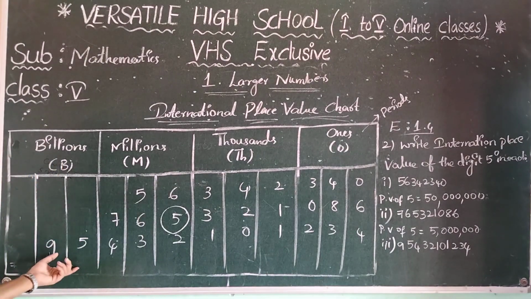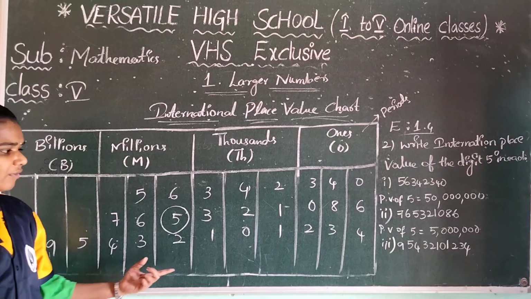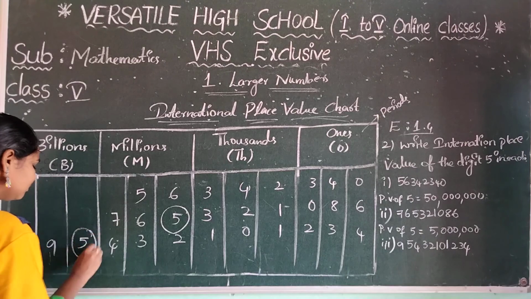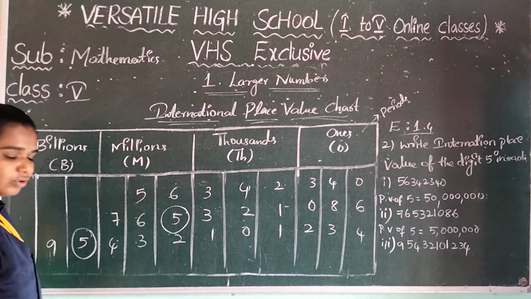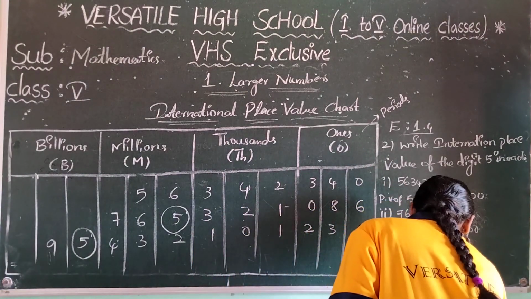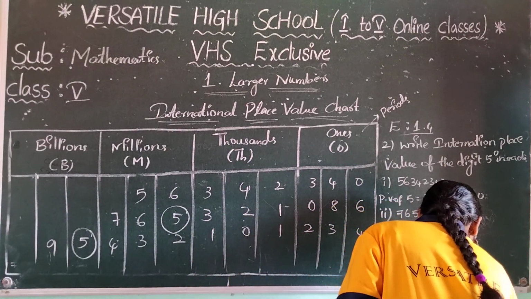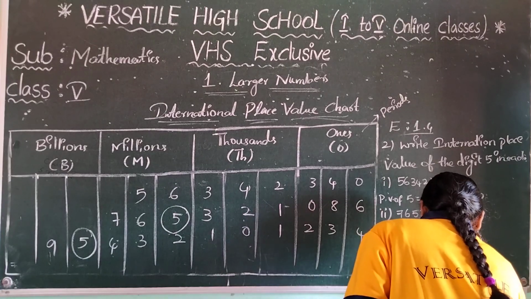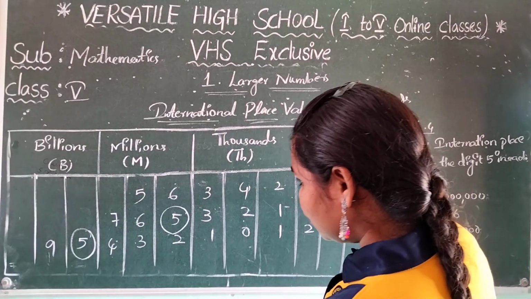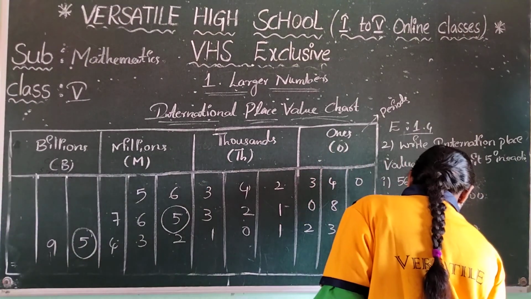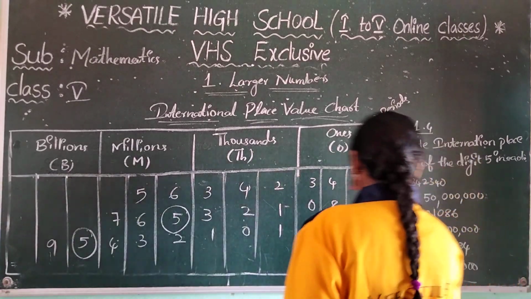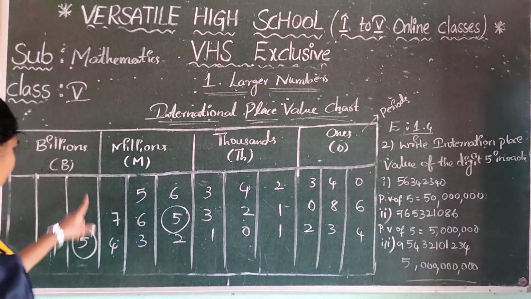So 95 billions, 432 millions, 101,234. What we want is the place value of 5. Which digit? 50 billions. Sorry, 5 billions. Okay, this is the billions place.